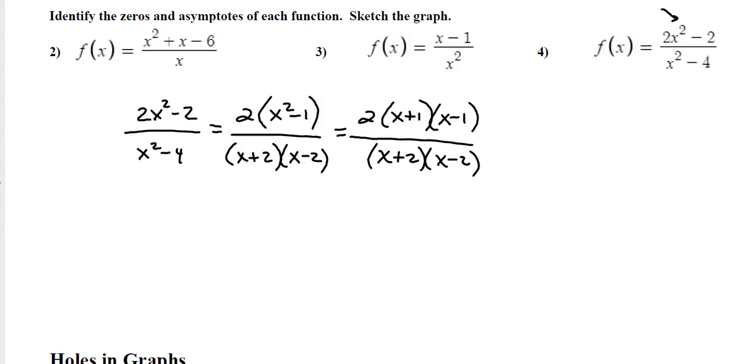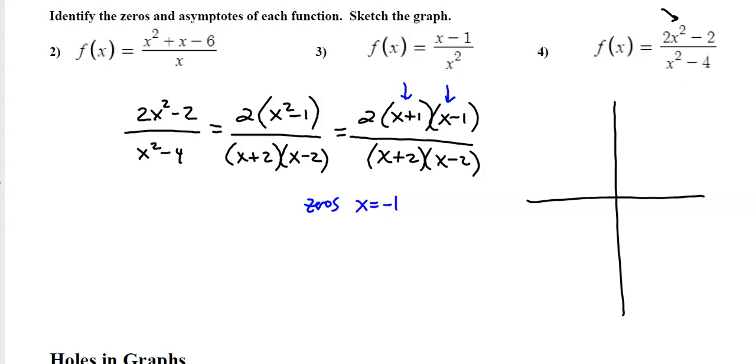All right, now I kind of can see what's happening. So I got this here, and I look at my zeros. I'm like, all right, what's up with these zeros? Well, the zeros come from the top, and I get -1 and 1. So I want to slap -1 and 1 in the mix.